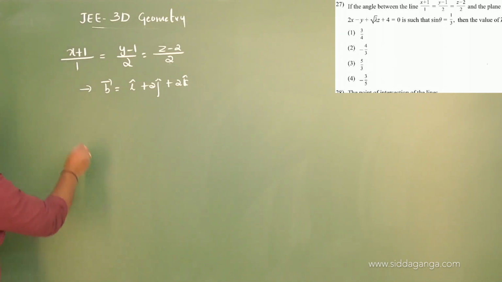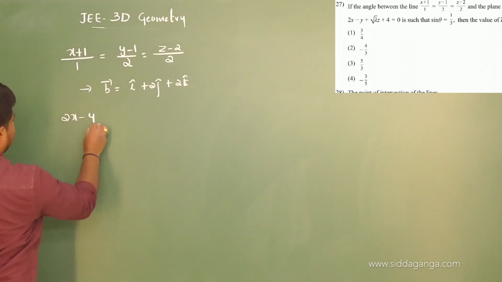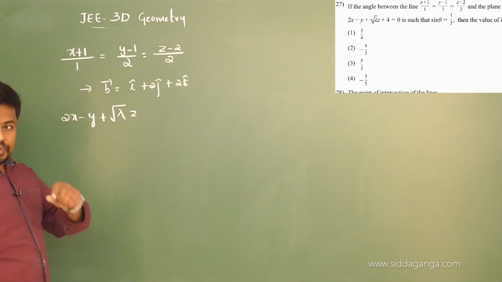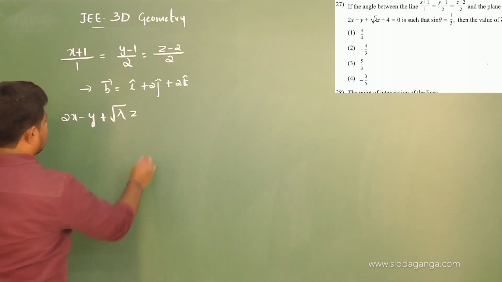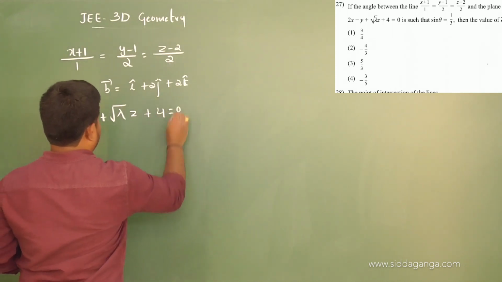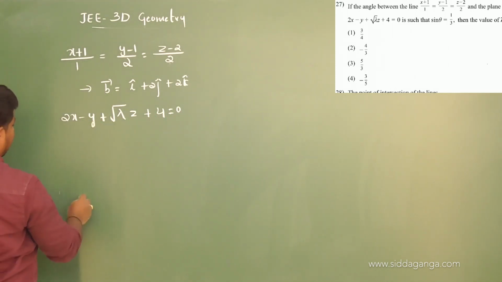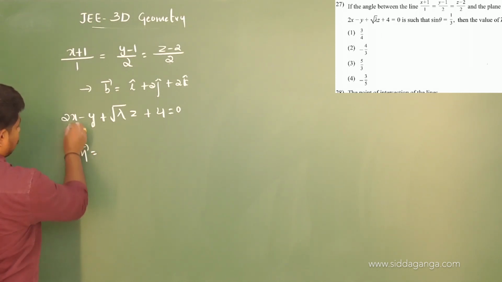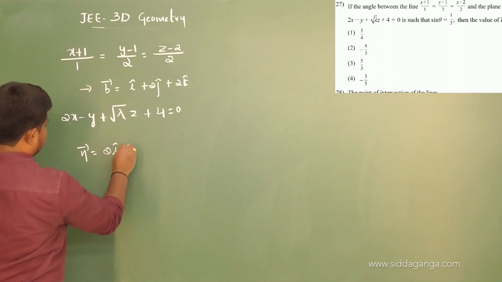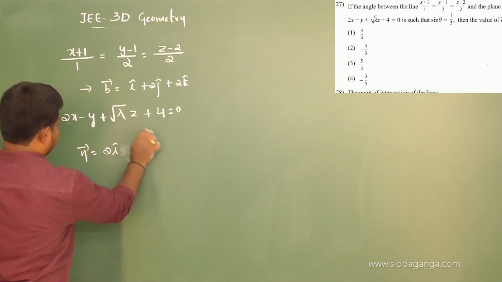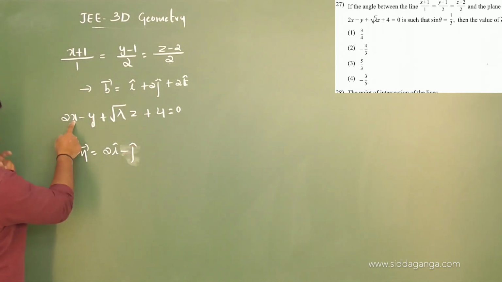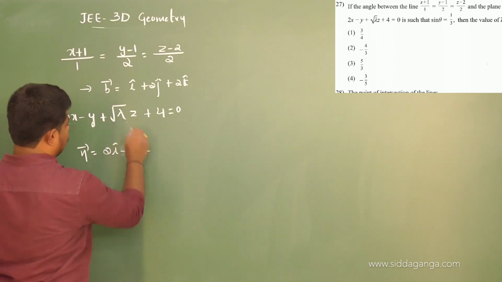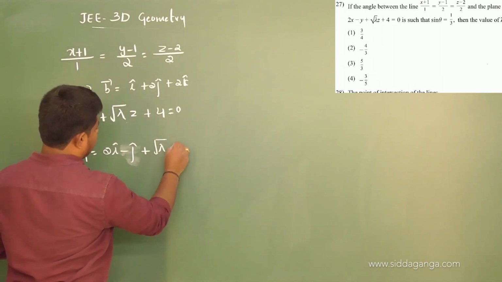Now, the plane is given as 2x minus y plus root of lambda z plus 4 equal to 0. This is the given plane, and the normal to this plane is given by n. The coefficient of x is 2, so 2i cap, minus j cap, and the coefficient of z is root of lambda k cap.